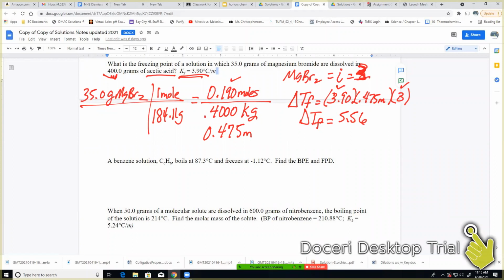So I look up on my chart for acetic acid. The freezing point is 6.6 degrees Celsius, and it depressed by 5.56 degrees Celsius. So that gives me a new freezing point.